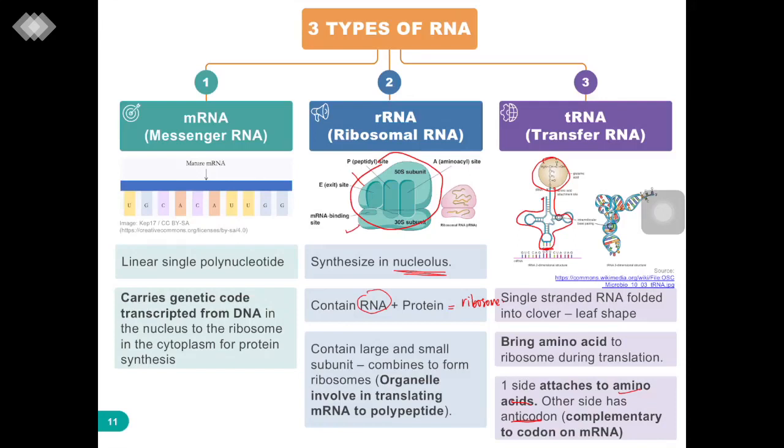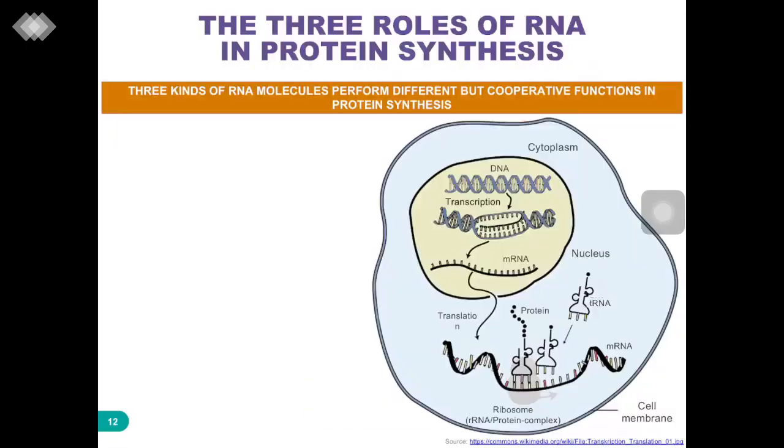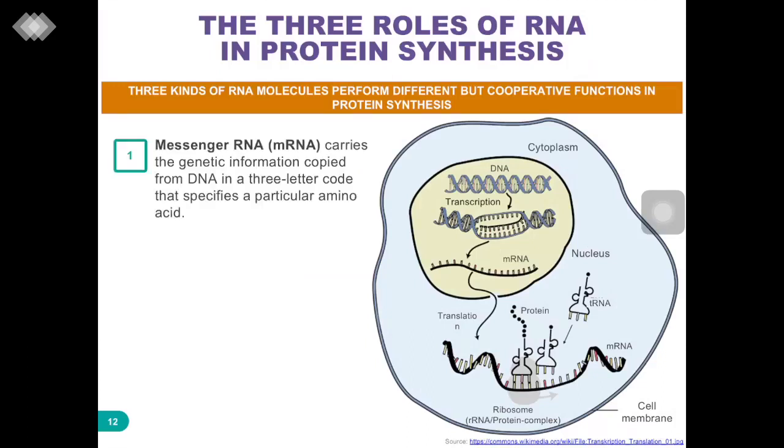We know that there are three types of RNA, and they all work together in the process of protein synthesis. So what is the connection between these three types of RNA? They have cooperative functions in protein synthesis. Once the transcription process happens, you have the mRNA.